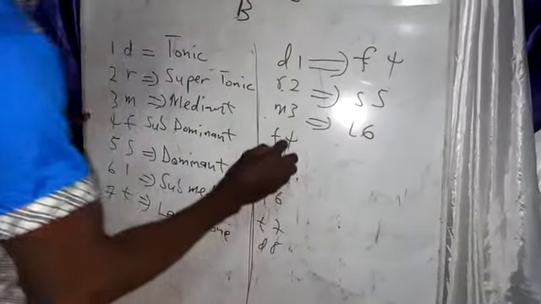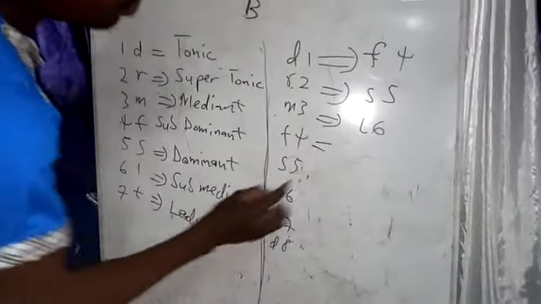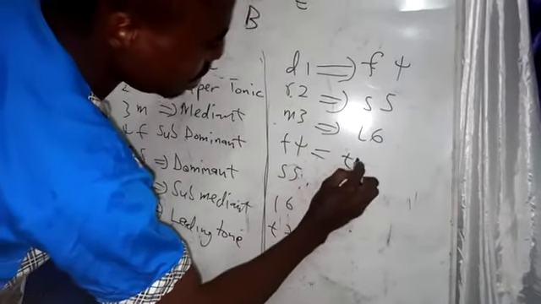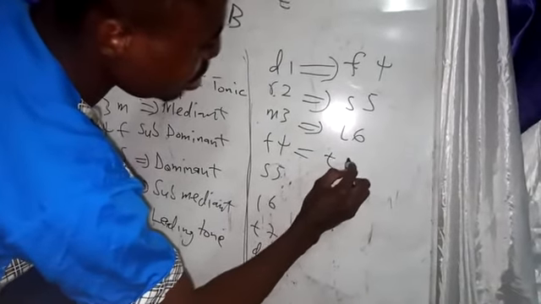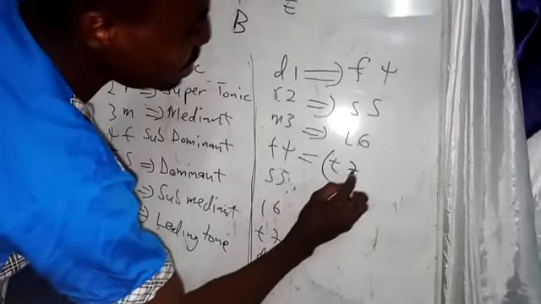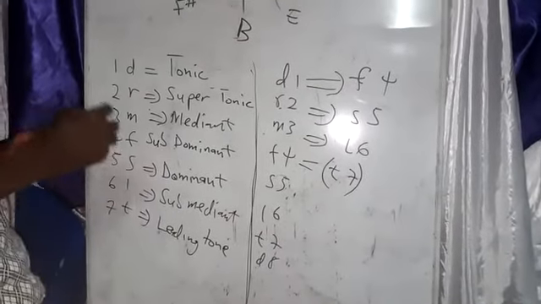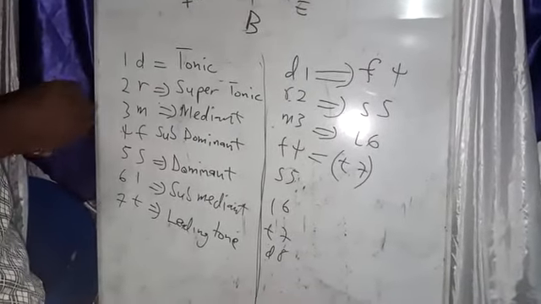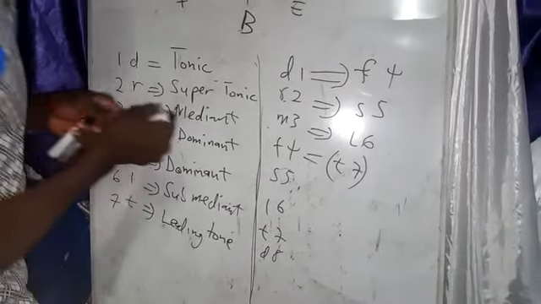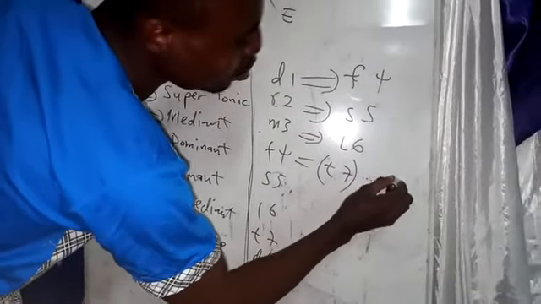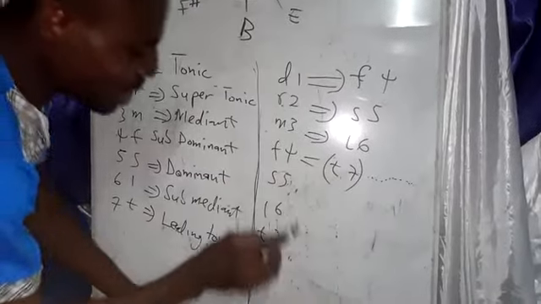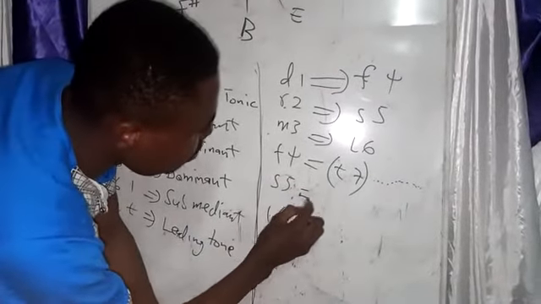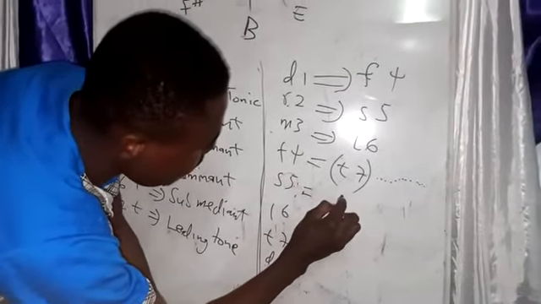The fa supposed to go to 7, which is ti. But this one is not part of the family. It is a diminished chord, so it's mostly used as a passing chord. So the fa has nothing to go with. Now the so goes to 1, which is the do.